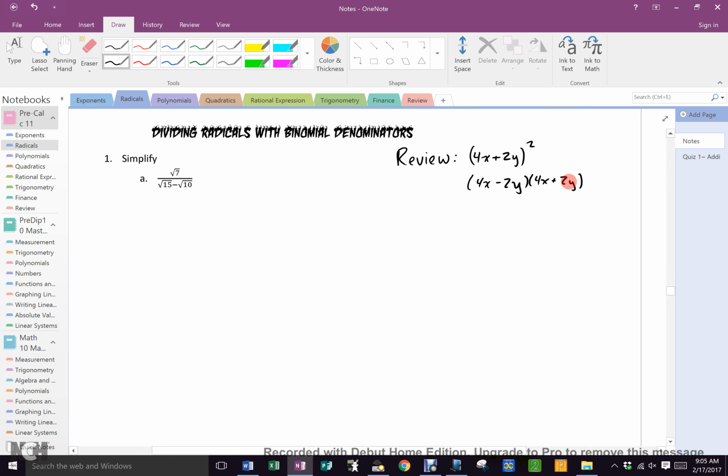So this, if I were to FOIL it out, ends up being 16x squared plus 8xy minus 8xy minus 4y squared. And the linear term, which is the term without an exponent, drops out, right? Does that happen when it's plus and plus? No. Does it happen when it's minus and minus? No. In these 2 cases, the linear term stays around.